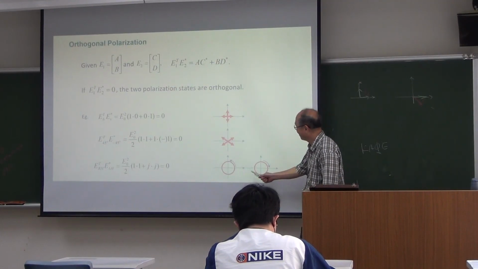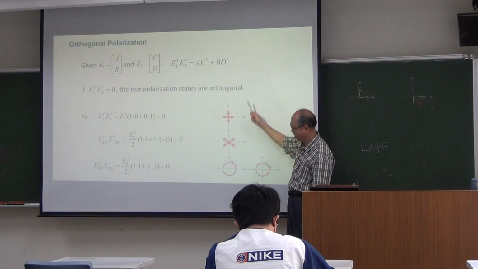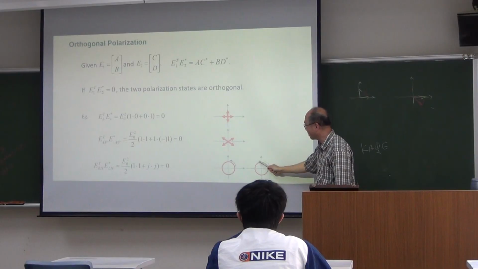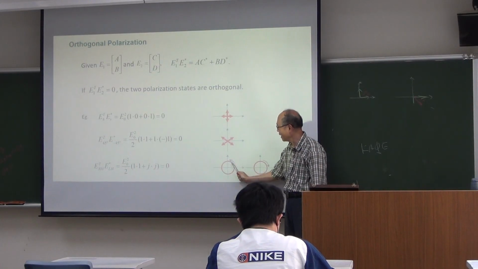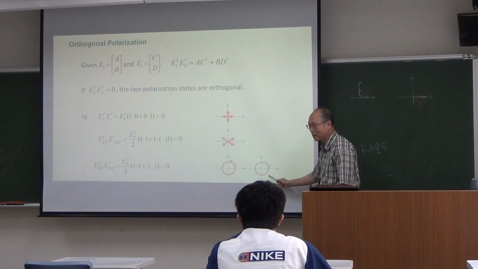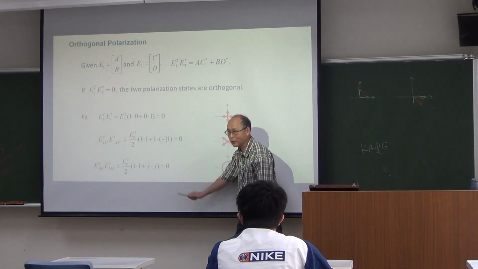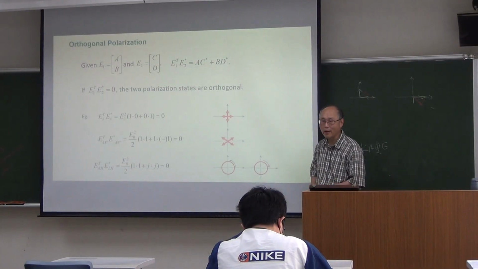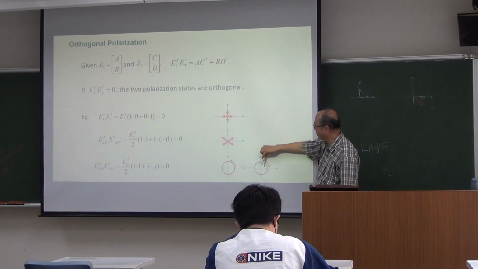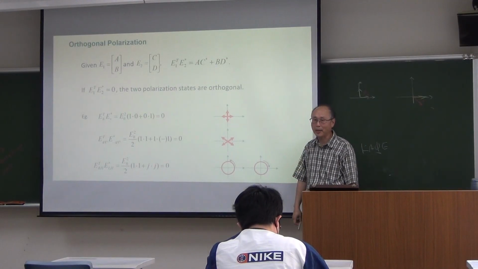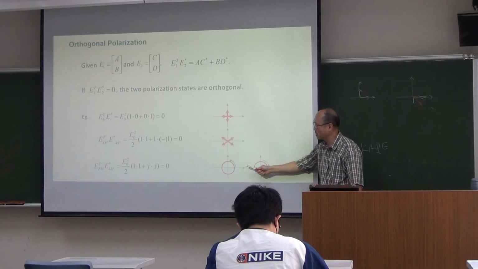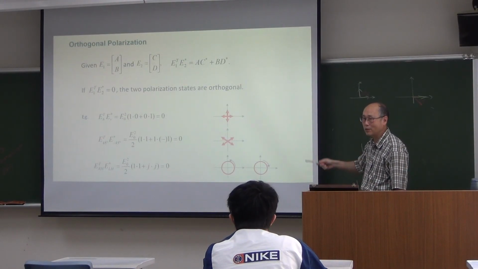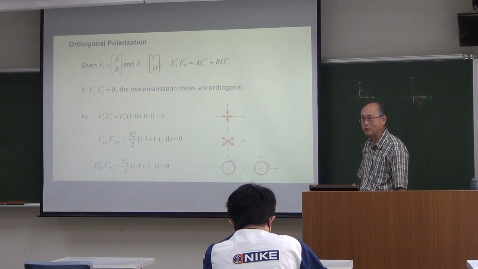So if you do this calculation for left-handed polarization and right-handed polarization, then you end up having nothing. This means that these two polarization states are orthogonal to each other, although the electric field vectors are not perpendicular to each other. But the concept of orthogonality applies to the sense of rotation of the polarization state.